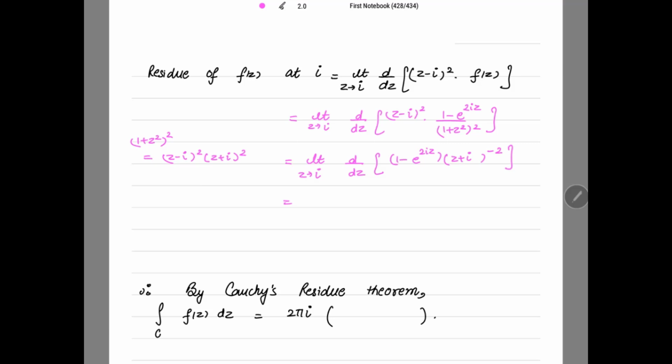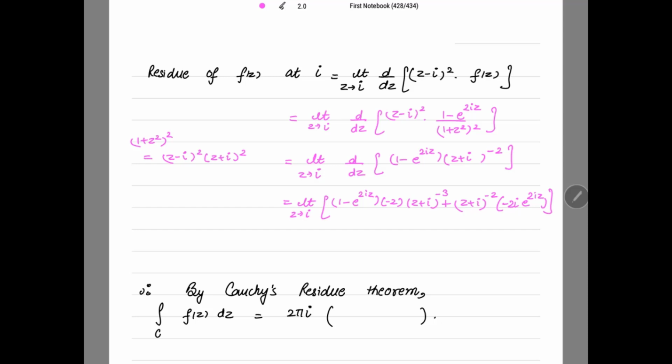So this is equal to taking the derivative of this function with respect to z. You have to take the first function times the derivative of the second, plus the second function times the derivative of the first, right? So limit z tends to iota, first function e to the power 2 iota z into the derivative of the second one, this is minus 2 (z plus iota) to the power minus 3, plus the second function into the derivative of the first function, this is minus 2 iota e to the power 2 iota z.